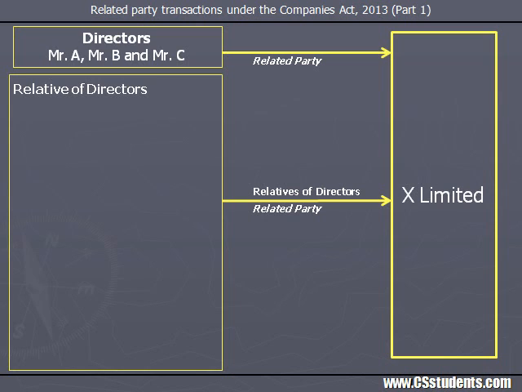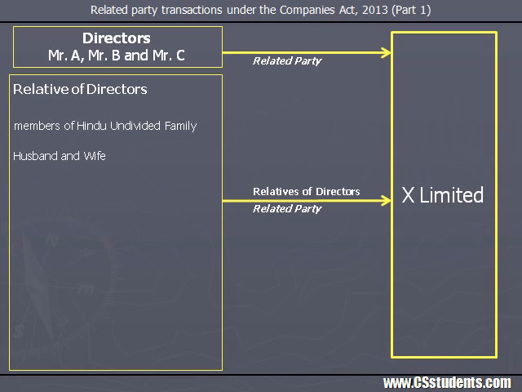So, who are the relatives for the purpose of this definition? Section 2 subsection 77 of the new Act provides the definition of relatives. As per this definition, relative, with reference to any person, means if both of them are members of Hindu undivided family, or if they are husband and wife.